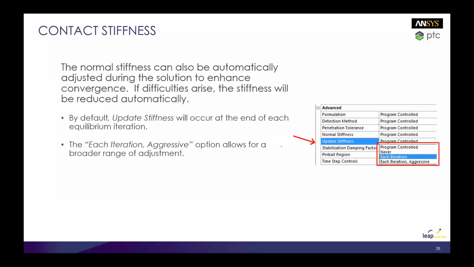Okay, so another thing we can do is adjust the contact stiffness. The solver can adjust it based on how the model is solving, if it's having convergence difficulties. By default, the update stiffness will occur at each iteration. You can also use the each iteration aggressive option.